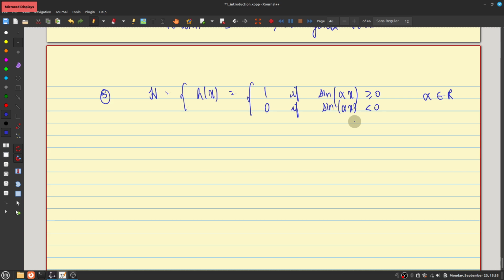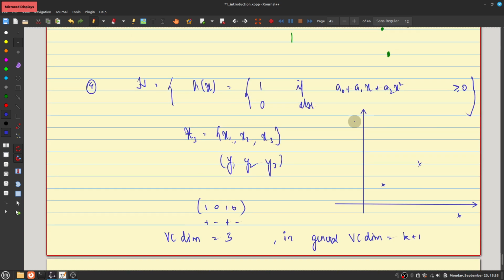If you have a polynomial of degree at most k, there are k plus 1 parameters. Correct. So this is a polynomial of degree 2, right? There are 3 parameters, 1, 2, and 3.